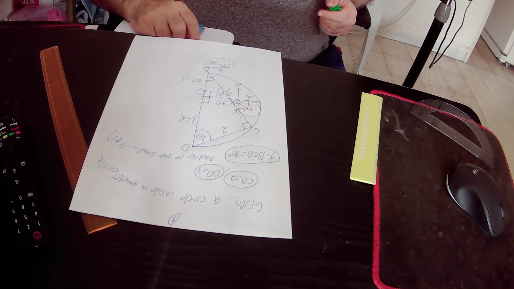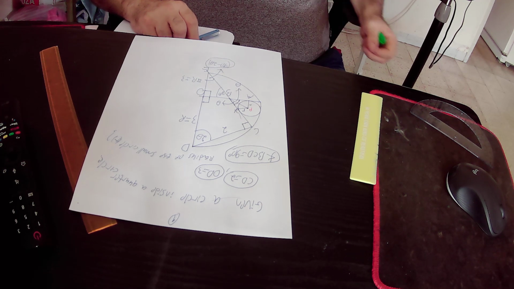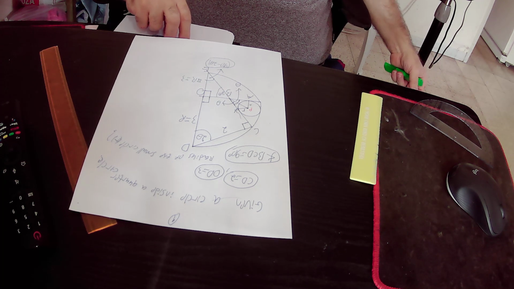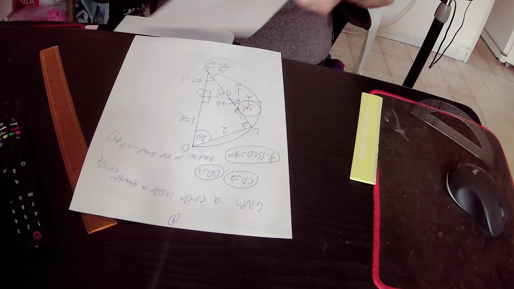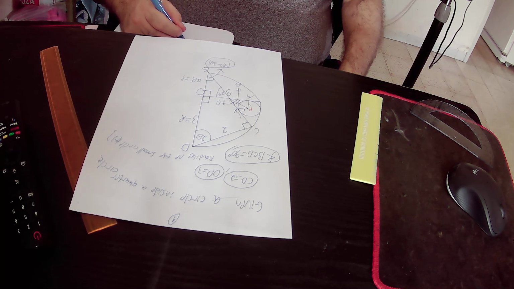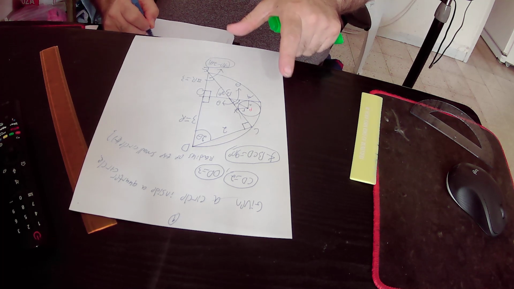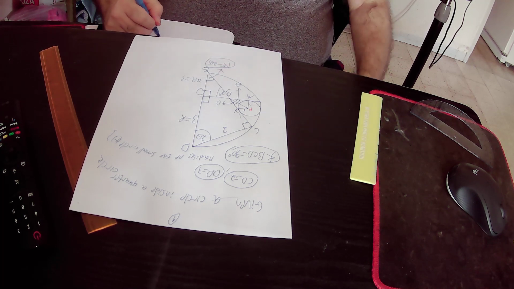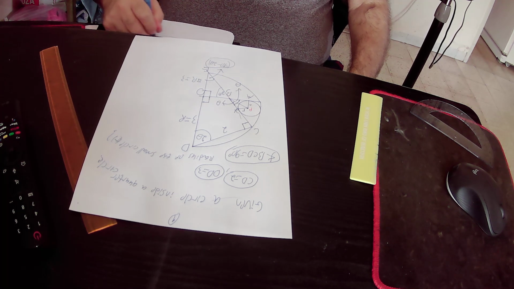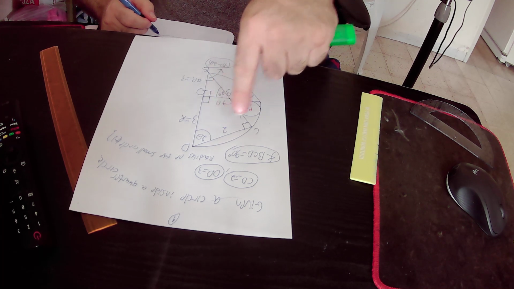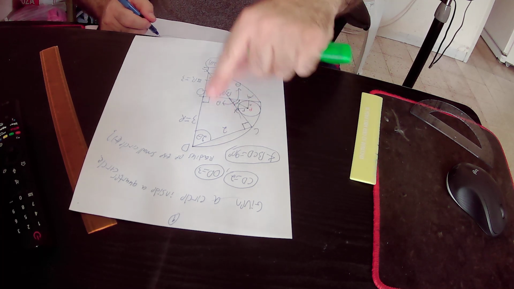But we also know that in triangle CDE, the big triangle, tangent 2 theta equals CE over CD. Very simple. In triangle CDE, tangent 2 theta equals CE over CD.